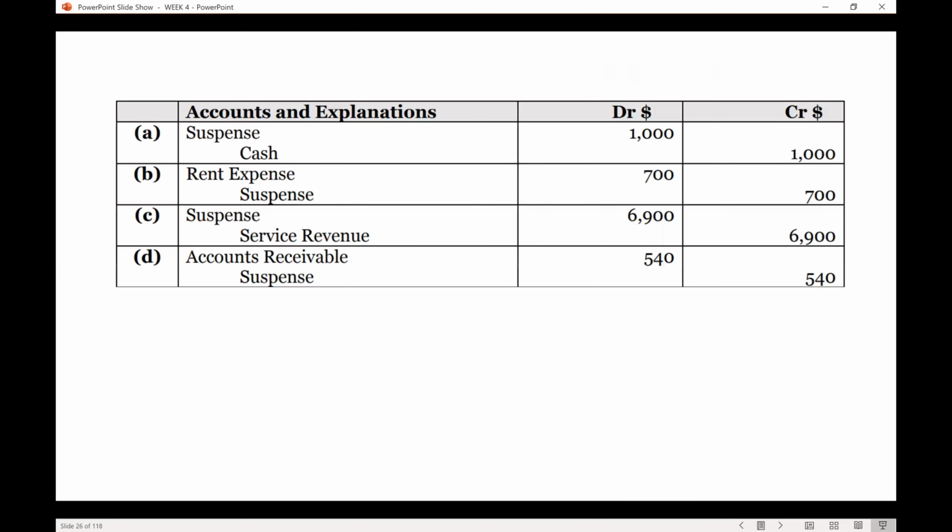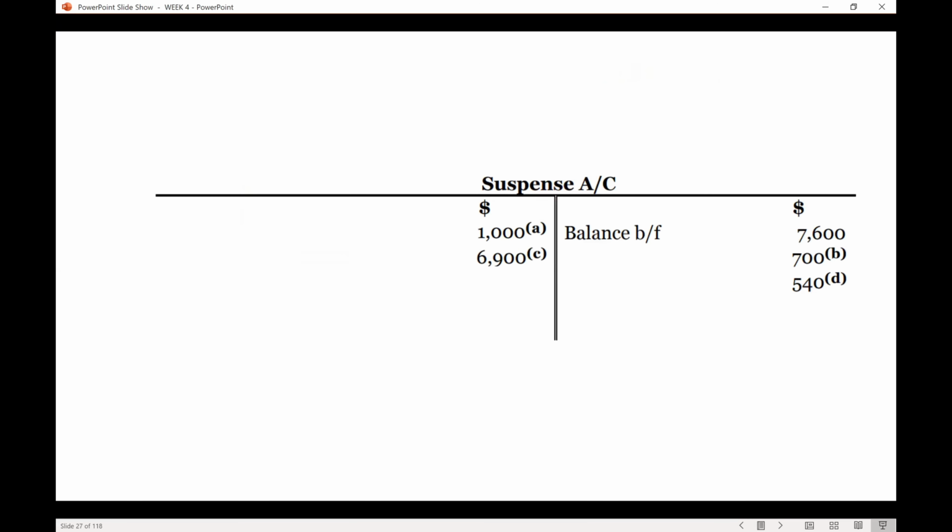So we're going to be debiting our accounts receivable $540, and the opposite side to this transactional error is a credit to our suspense account. I hope we're following. And this is what it looks like in our suspense with the $540 being on the credit side, right?